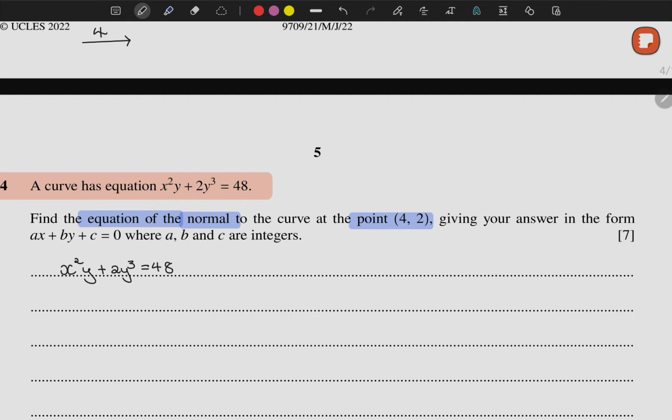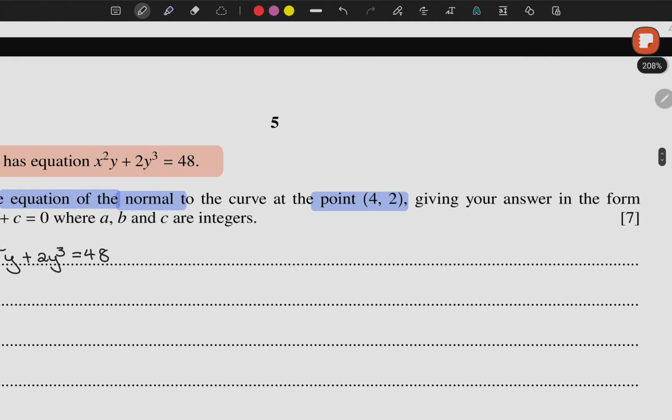Wherever we differentiate y, we just put dy dx. But the first term we can't differentiate straight away because it's a product, so we have to use the product rule. How I always like to set it up is I write u and v. So u is x squared, and v is y.